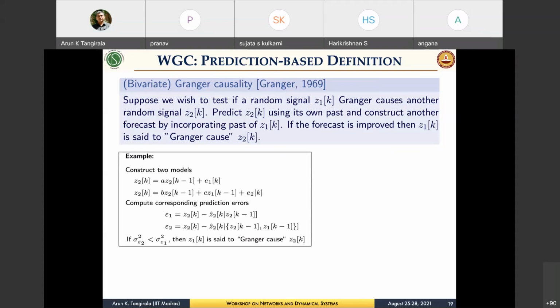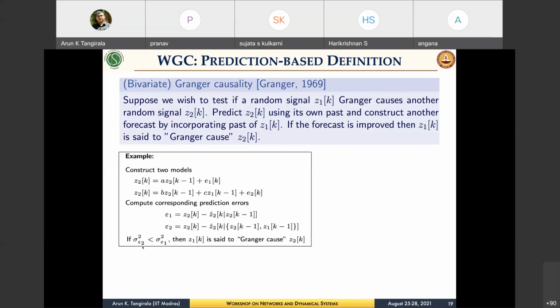That is the idea. So essentially you're going to construct these two models here, just as a simple example. You don't always stick to this kind of model. Granger doesn't talk about what kind of models you should build, although he later on very quickly advocates the use of what are known as vector autoregressive models. So E1 and E2 represent the uncertainty or the leftovers after you made the predictions in each of these two models.